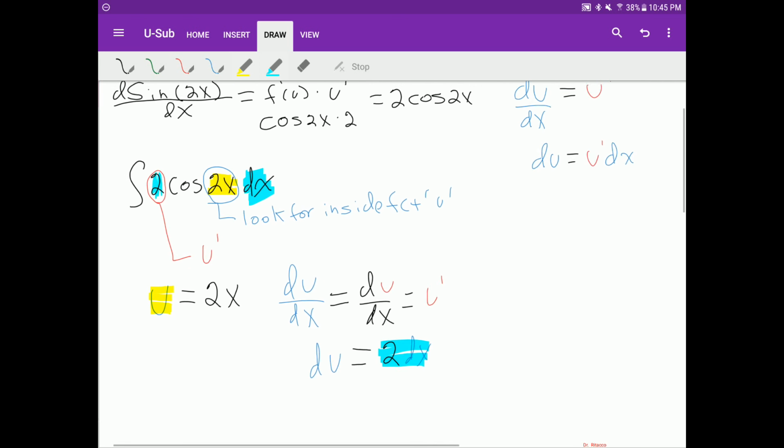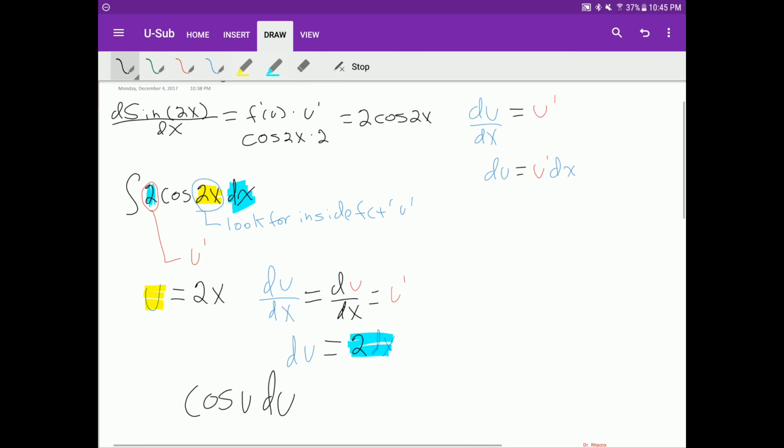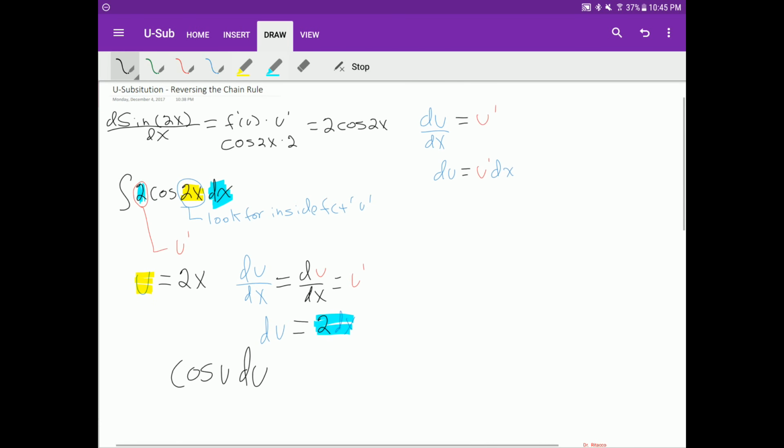So when I write in my substitution, I'm going to be looking at the integral of cosine u du. My 2x has gone and my 2 dx has gone. Let me rewrite that integral sign.